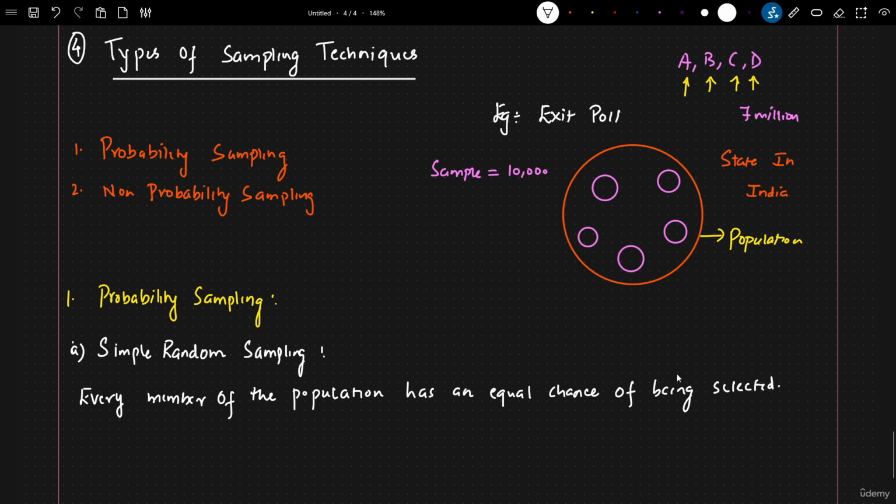So if I consider this as my population, during the exit poll most of the time we do simple random sampling.